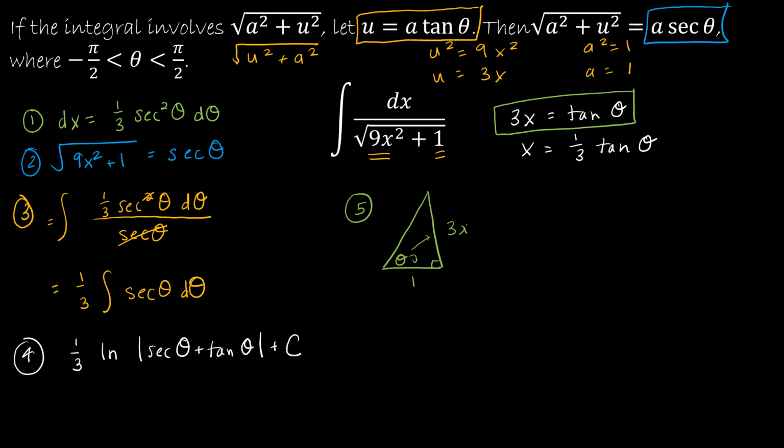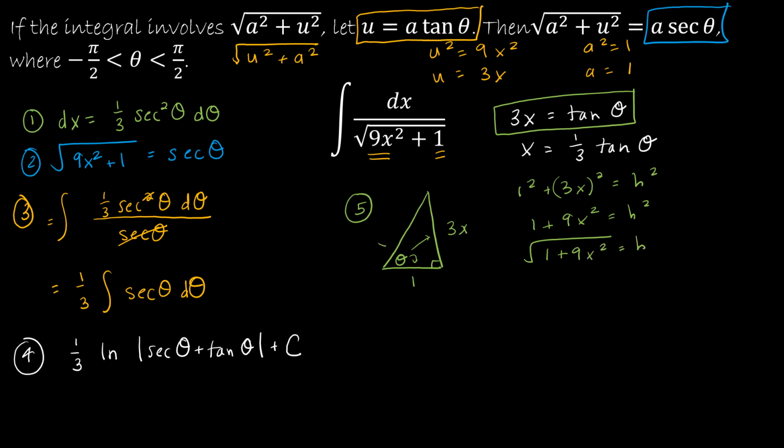And so, using the Pythagorean theorem, whoops, don't do the square root yet, sorry. 1 squared plus 3x quantity squared is equal to the hypotenuse squared. And so, of course, 1 plus 9x squared is equal to h squared, and root 1 plus 9x squared is equal to h.